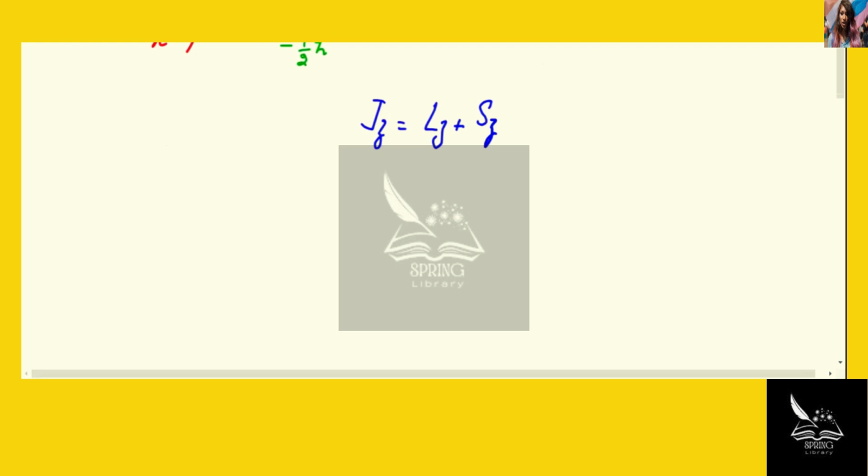Now we want to draw a table showing all the values of z component of orbital angular momentum and z component of spin angular momentum.